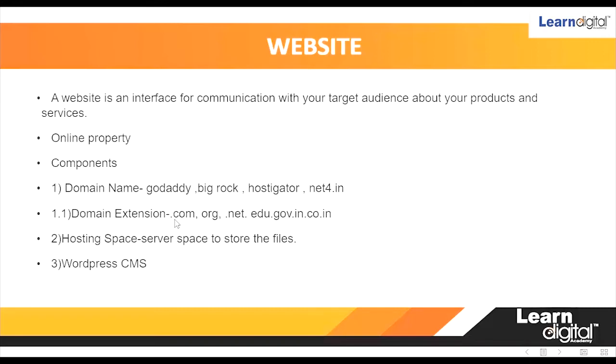After that, hosting. As I told, hosting means making your website visible over the internet. That process is called hosting, or we can say taking a space over a server. Here we'll be developing a website with the help of a CMS, that is content management system. Totally we'll be working on WordPress.